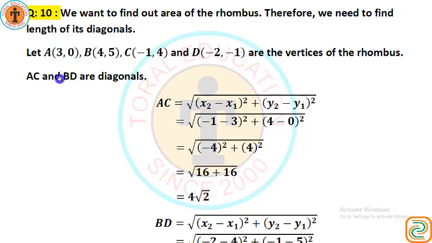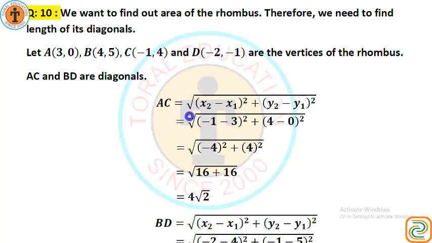So first we will find the length of the diagonals, right? Let A, B, C and D be the vertices of the rhombus and AC and BD are diagonals. We know that the area of a rhombus is half into the product of diagonals. So let's see the diagonals.